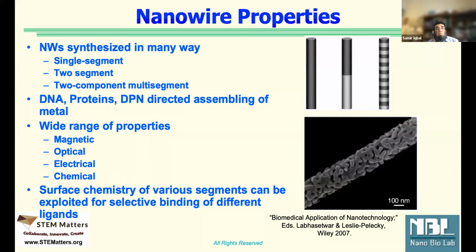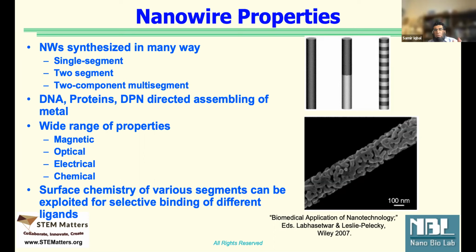So we now use nanowires with many different reactivities and physical and electrical properties, and those can be used to bind and detect biological molecules.